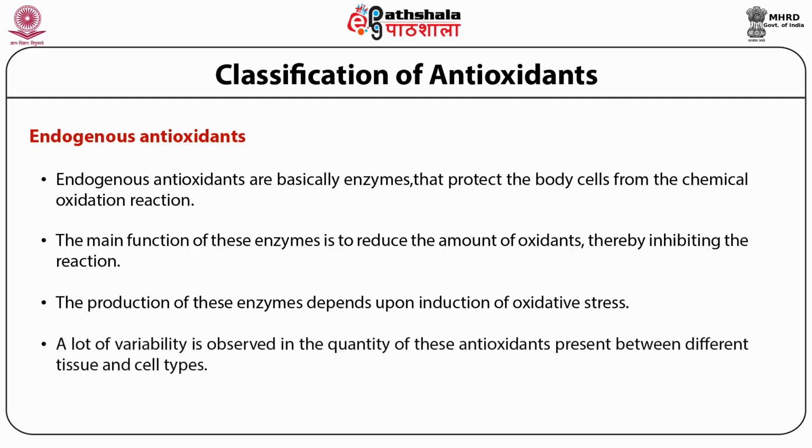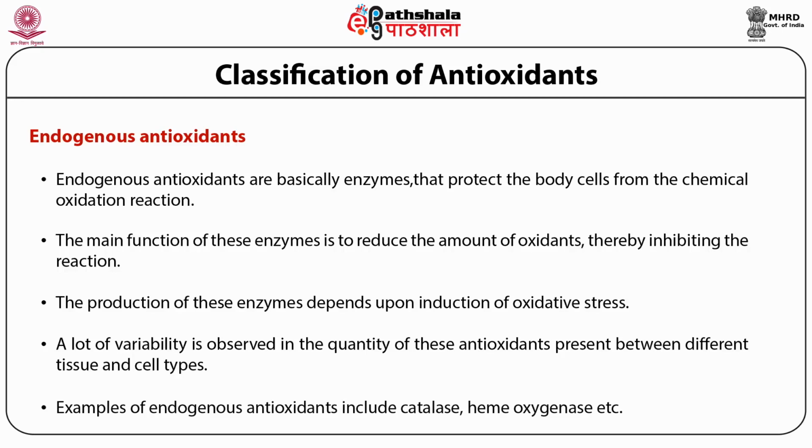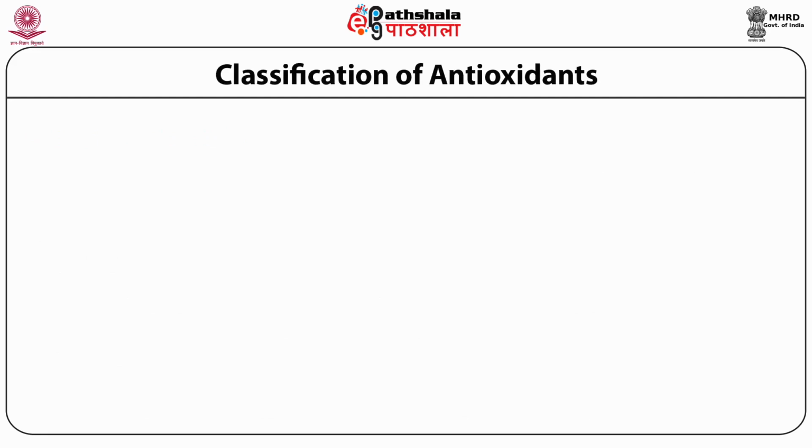A lot of variability is observed in the quantity of these antioxidants present between the different tissues and the cell types. Examples of endogenous antioxidants include catalase, hemeoxygenase, etc.